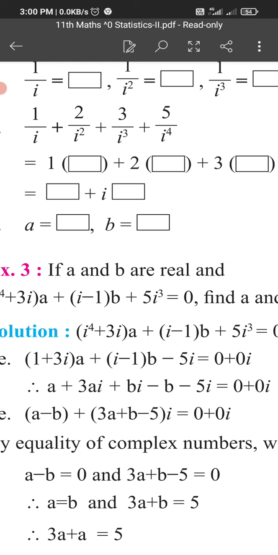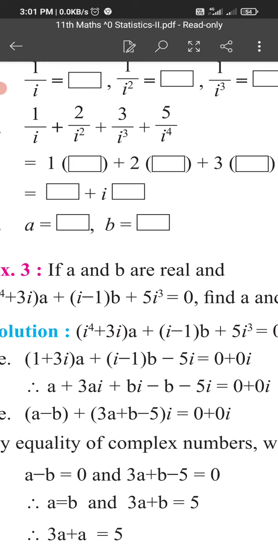Now a + 3ai + bi − b − 5i = 0 + 0i. Then we put real terms together and imaginary terms together: (a − b) + (3a + b − 5) i, where i is common, = 0 + 0i.